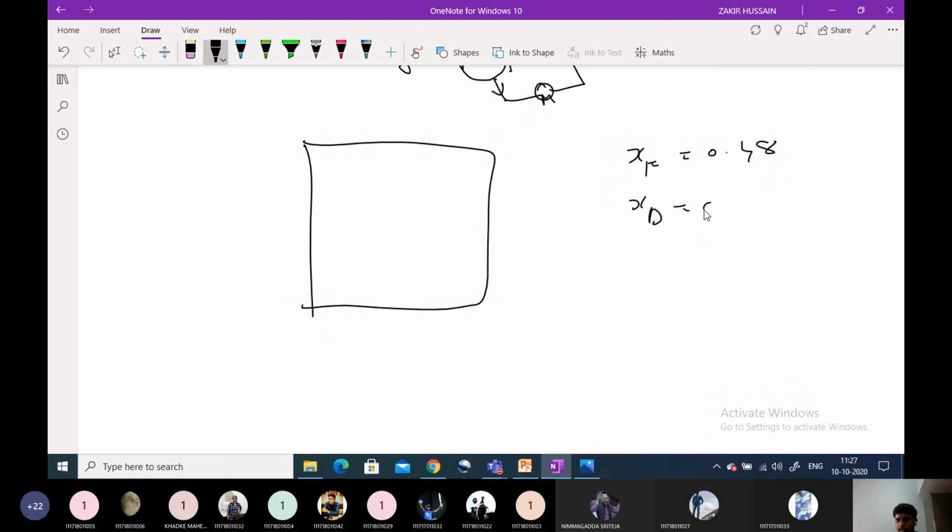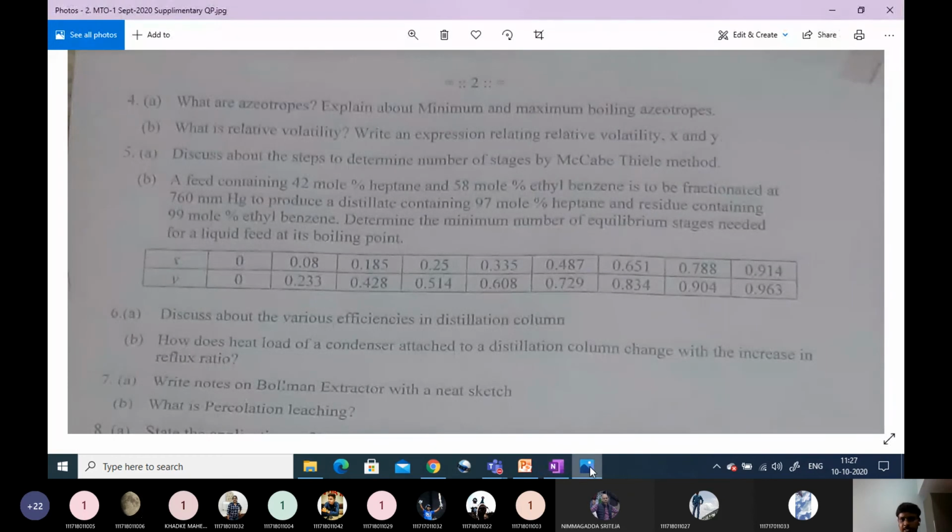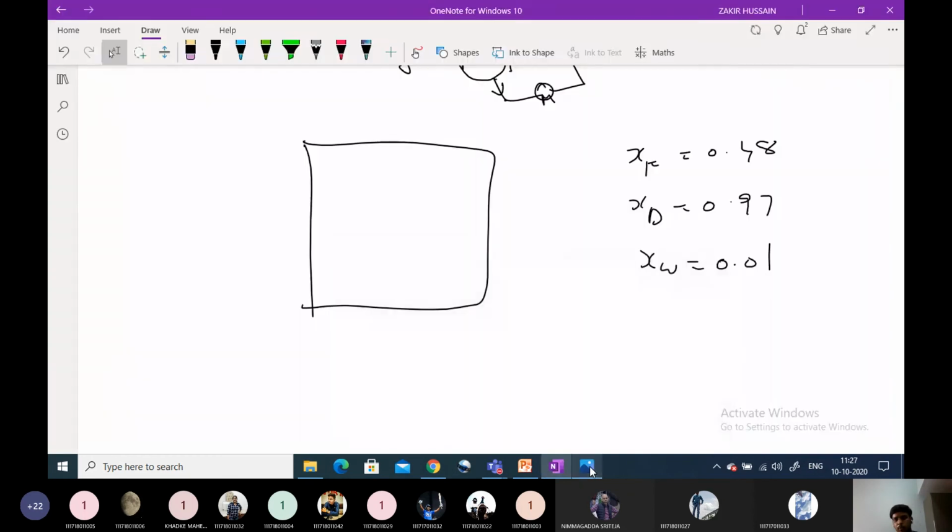Then XD 0.97, XW is equal to 0.01. They have provided all these parameters. If they are not provided the F value, we can take a basis of 100 kilomoles of feed. We can assume that, no problem.